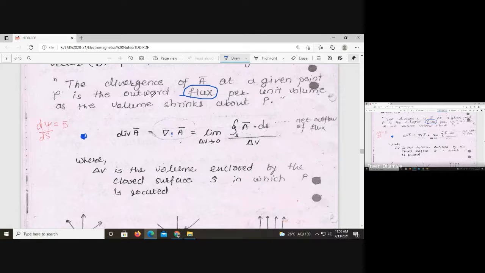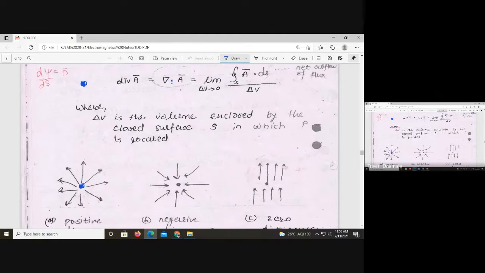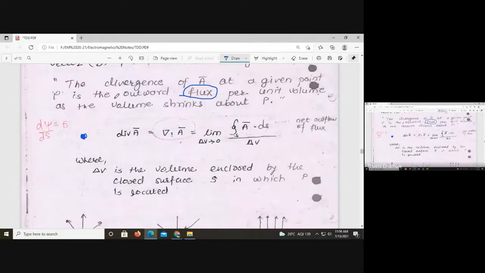So the divergence of A bar for any point P, for that specific point P, is the outward flux per unit volume. For that specific volume, we are measuring in terms of area, right? Now here in terms of volume, as the volume shrinks about P, right?